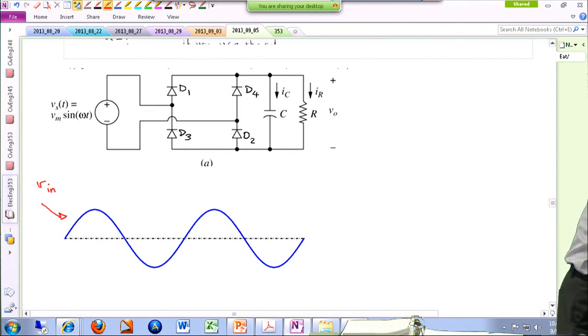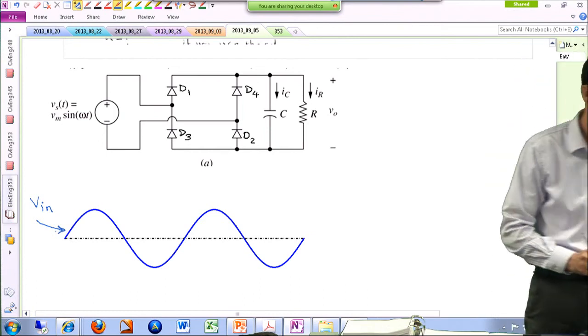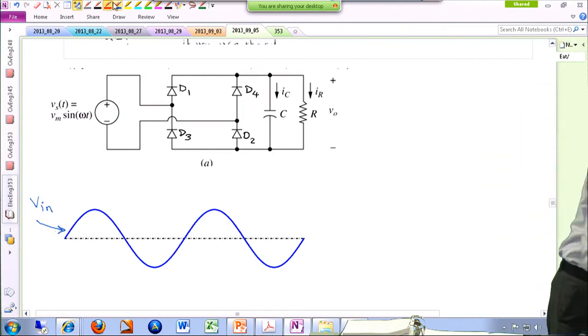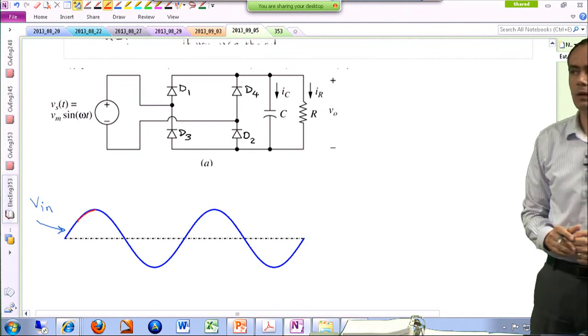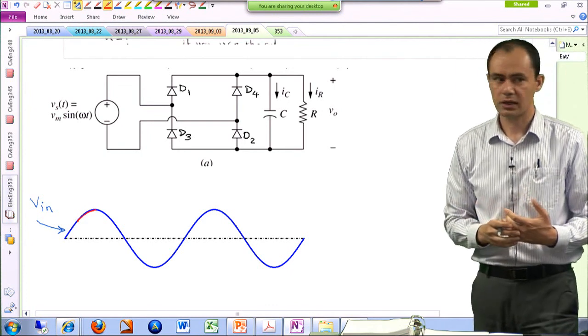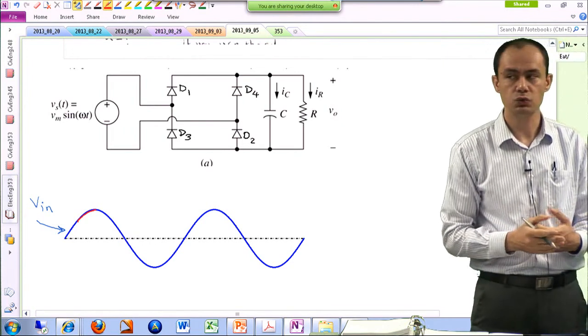Let me write this in blue because I'm going to use another color as well. So let's say this is our input voltage. I'm just trying to plot the output voltage, then we can further discuss it. There are times that the input voltage is trying to get larger than the output voltage, and D1 and D2 do not allow that.